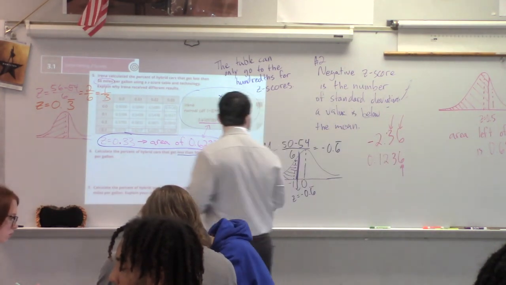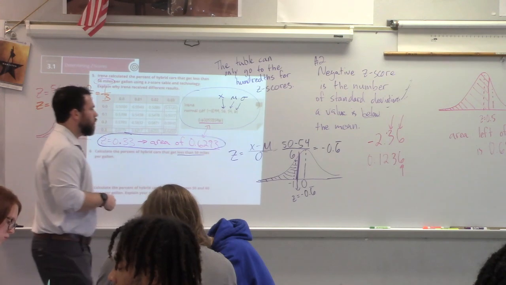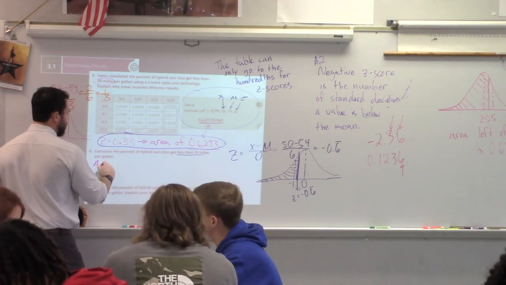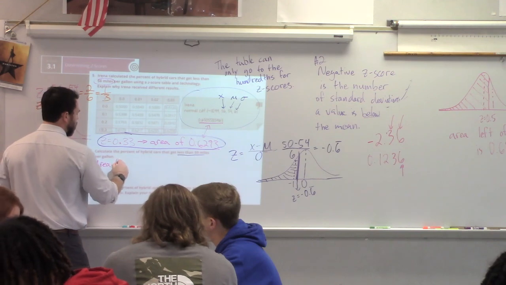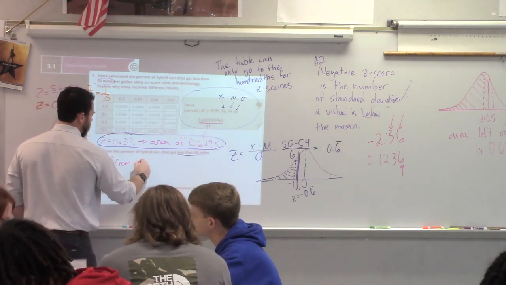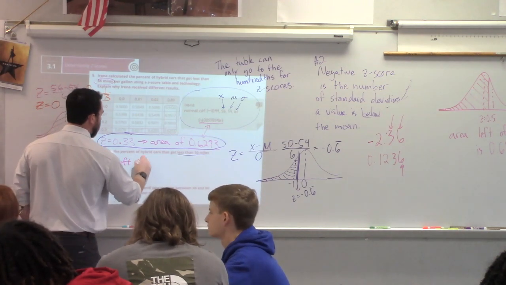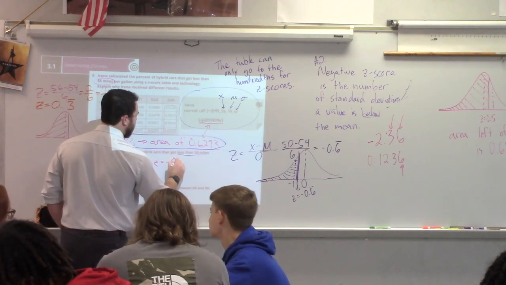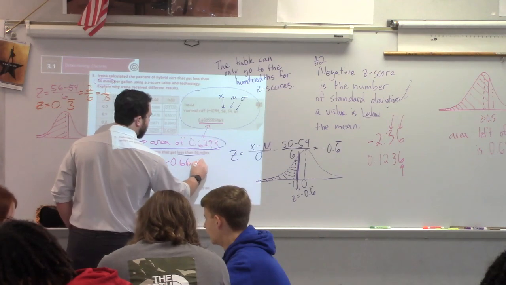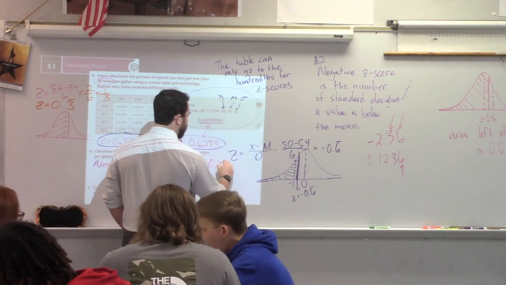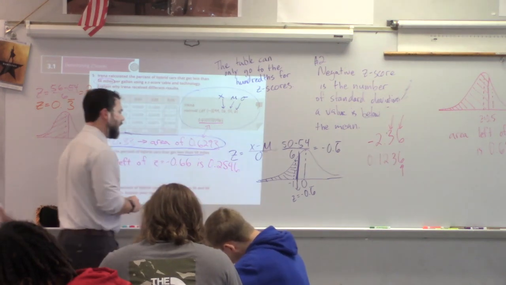Now, quickly, we found our z-scores. What was the area from that z-score? Area left of z equals negative 0.66, right? And it was 0.2546.